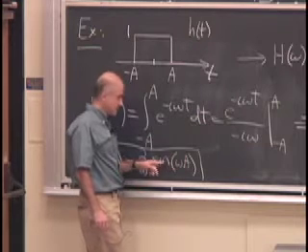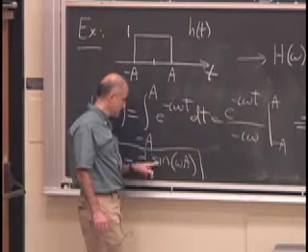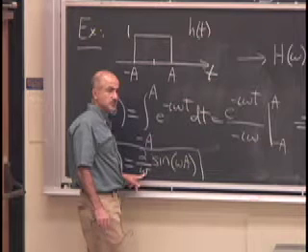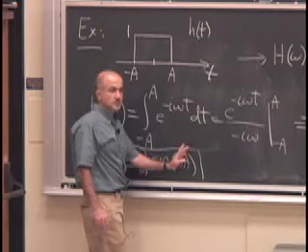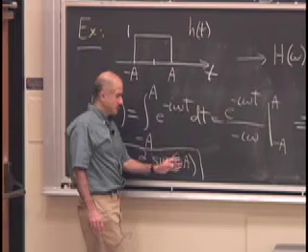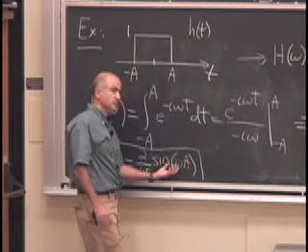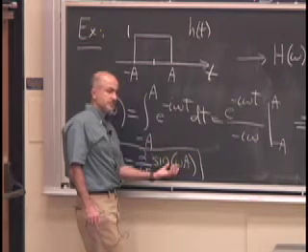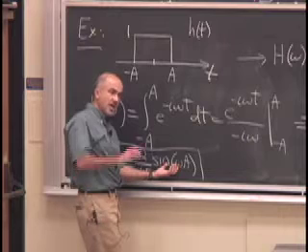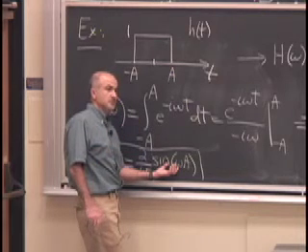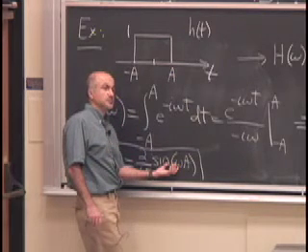Well, 0 we've already considered. When omega equals 0, you have the denominator also equal to 0. As soon as we move away from 0, we only worry about the numerator. The first time this sine goes to 0 after 0 is when the argument of the sine is what?